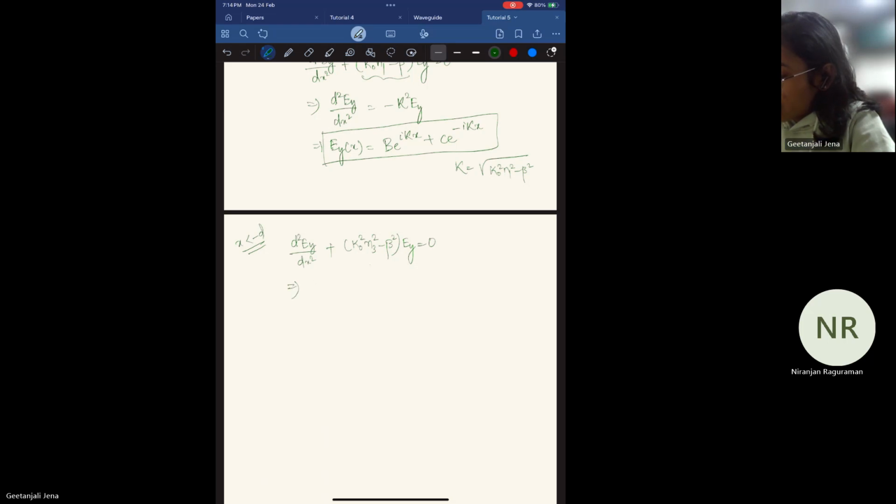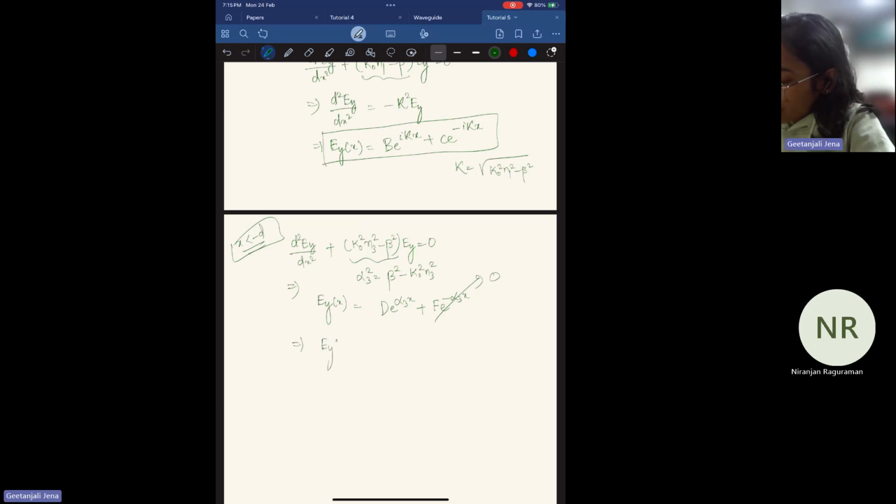Let us say alpha 3 square is beta square minus k0 square n3 square. So this will give Ey(x) equal to d e to the power alpha 3 x plus f e to the power minus alpha 3 x. But on the negative side, this is amplifying, so we can neglect it for the guided mode.